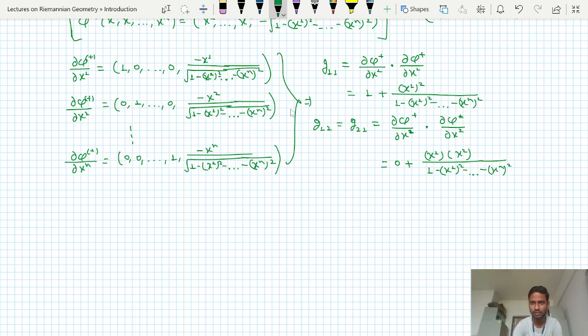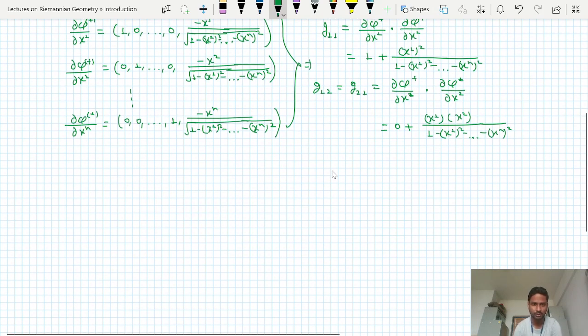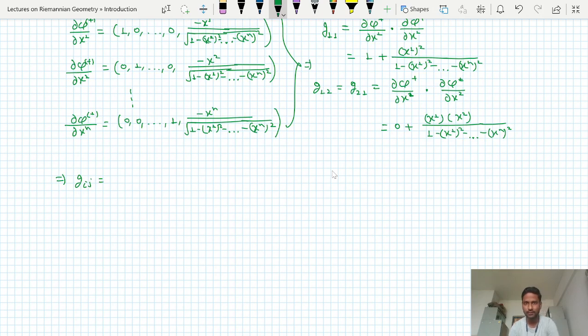You see, just by looking at these, you can literally generalize. So in general, what will be Gij? When i and j are equal, you are getting 1. When i is not equal to j, you are getting 0. So this is for i equals j and this is for i not equal to j. Does it ring a bell in your mind? It's the Kronecker delta.